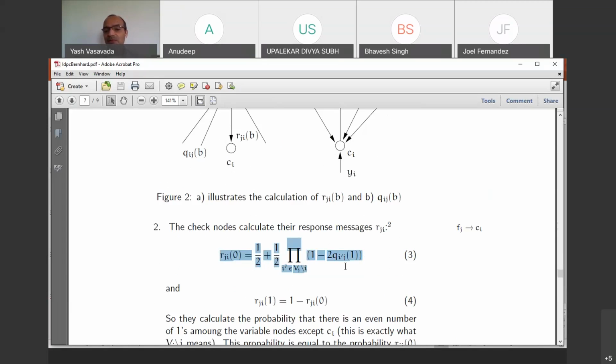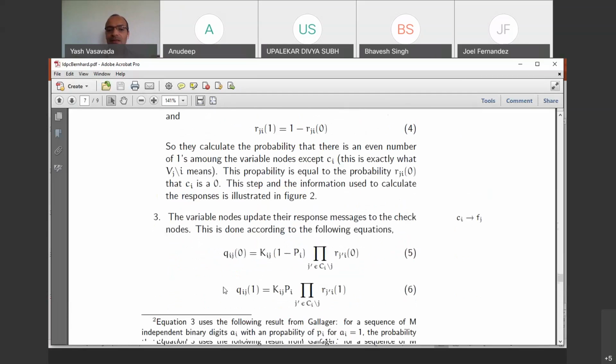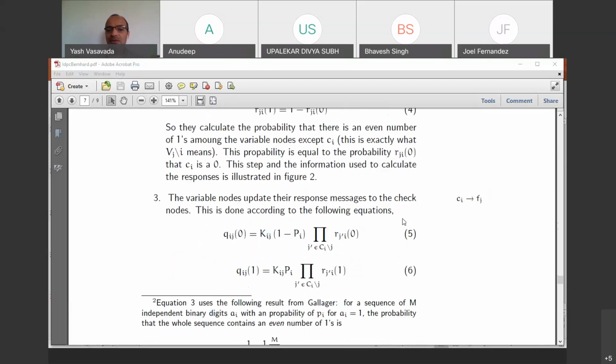Remember, this is the formula that we have looked at earlier, Gallager's formula. What is the formula that the variable nodes will use? It is this product formula that also we have seen earlier.